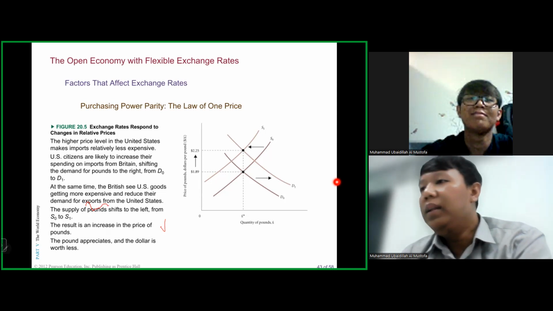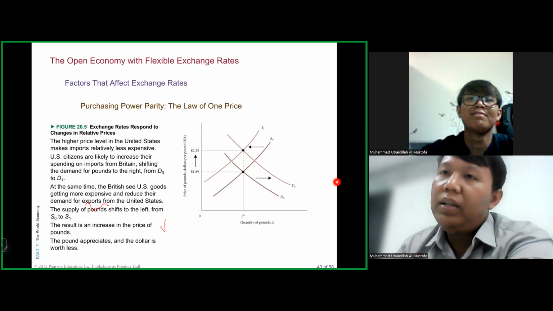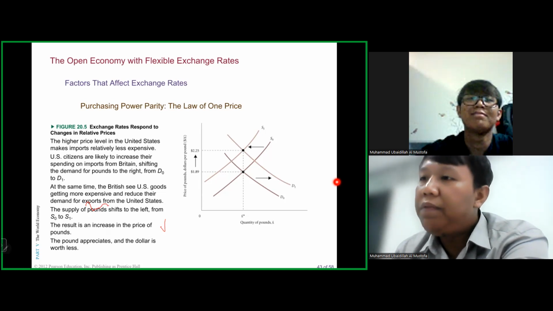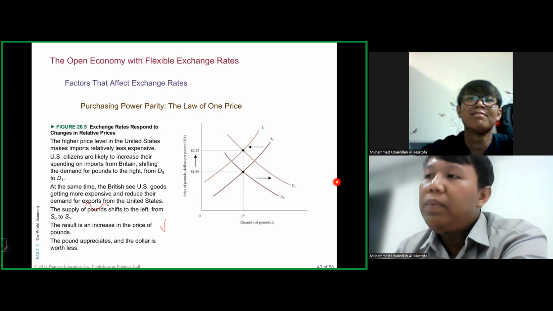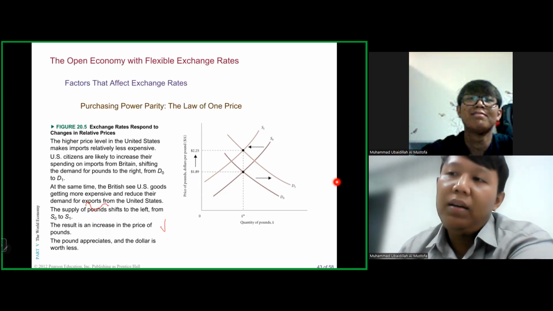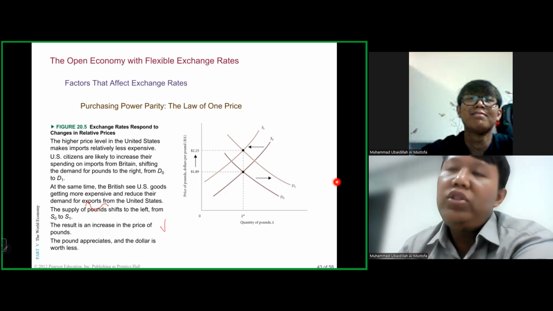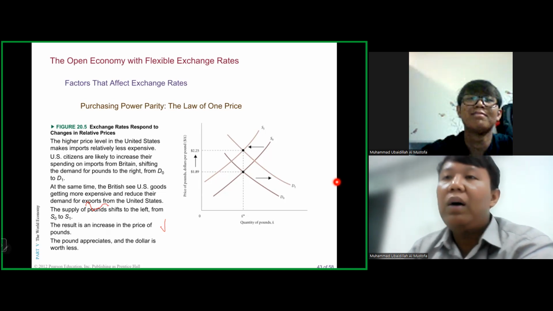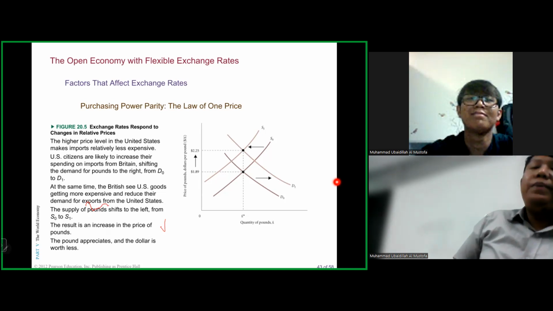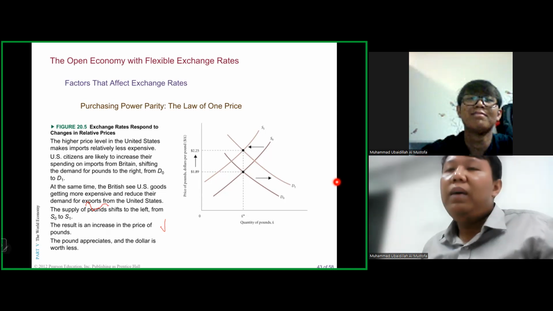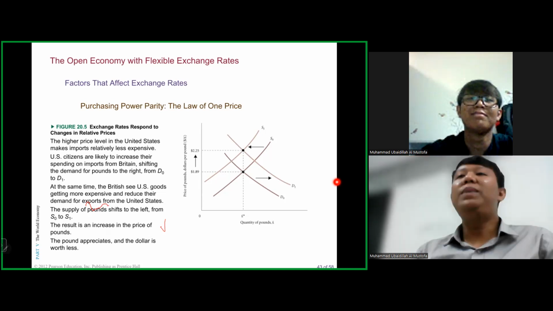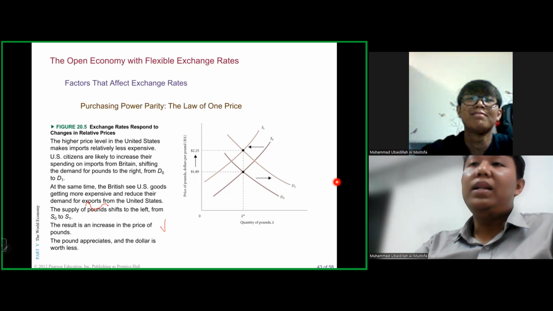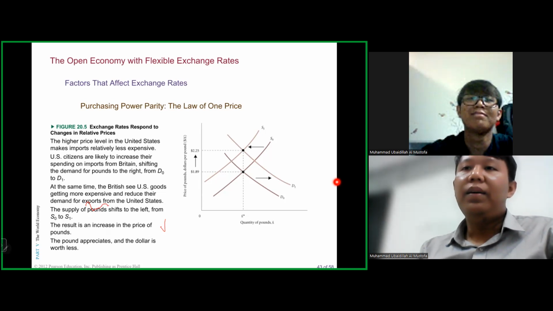The reduced supply of pound will then make the exchange rate appreciate. Now the British pound is becoming more expensive, while the US dollar becomes cheaper in value. It depreciates.